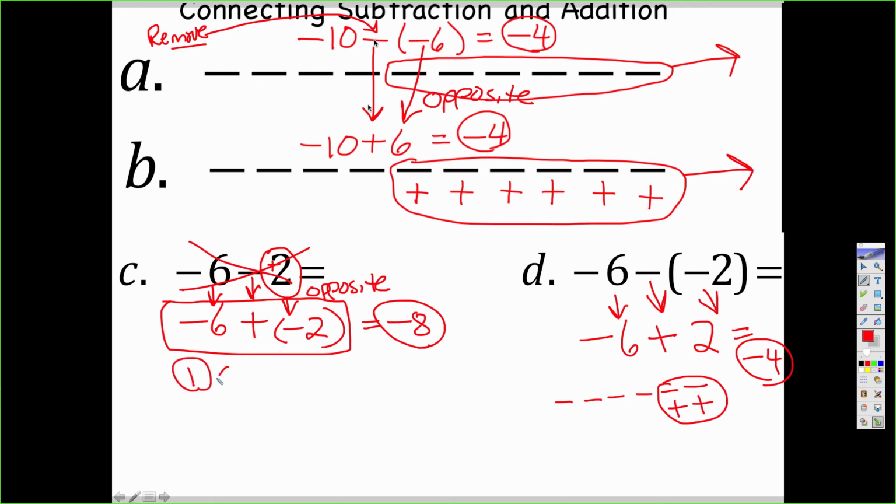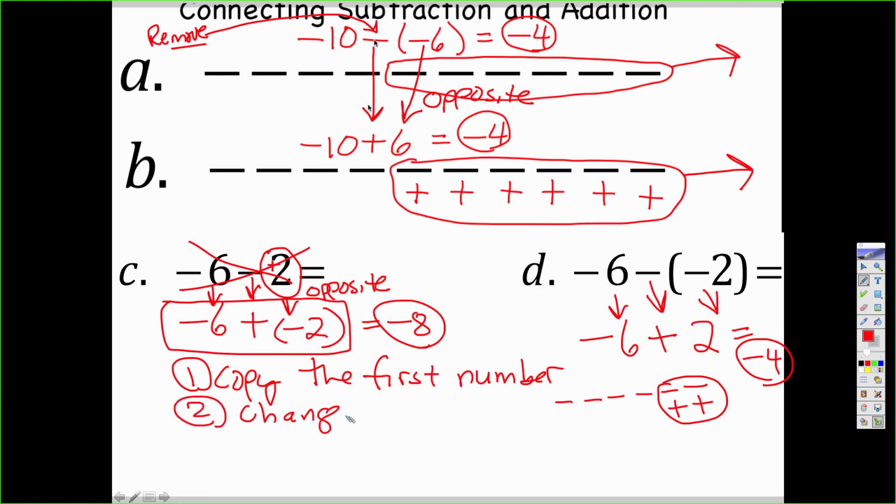So if I wrote it in steps, I would say: one, copy the first number, whatever that number is, because that's our starting point. Two, change the subtract sign to addition.